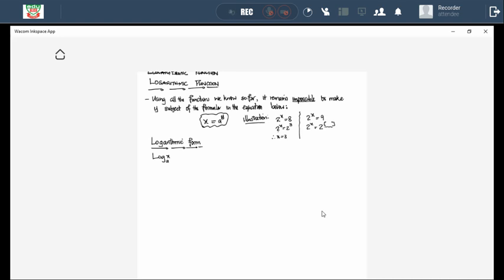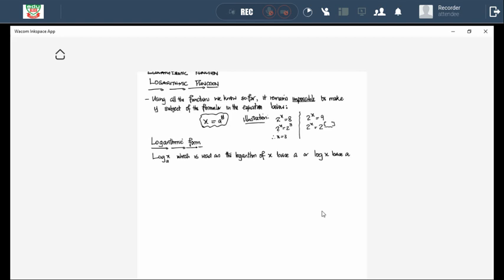We read this as the logarithm of x base a, or in short, we can just say log x base a.